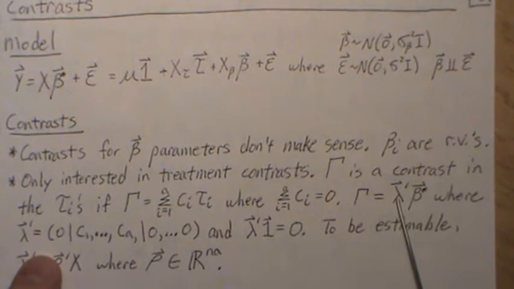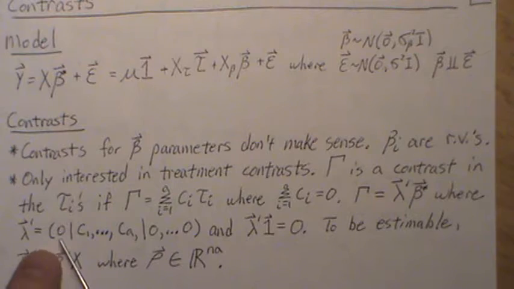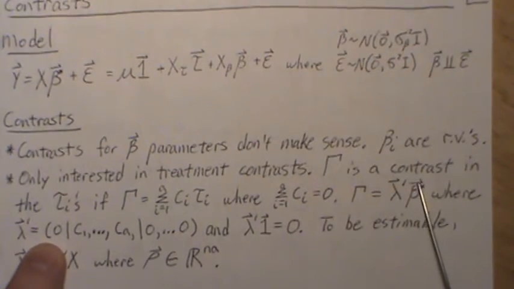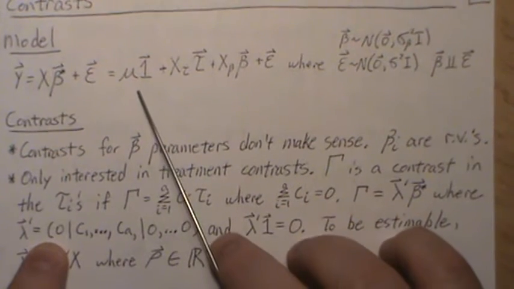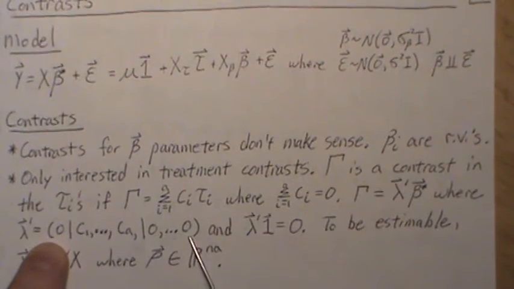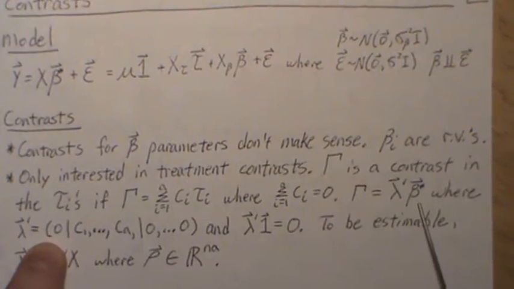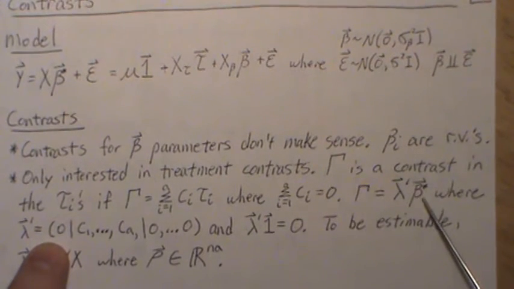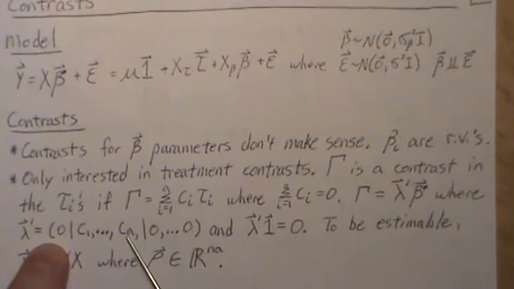So this lambda vector is going to have a 0 in the first component. That way when we do this multiplication, that mu parameter is not picked up. And then all these are 0, so the betas aren't picked up. And then c_1 through c_a is the linear combination of the taus. And these have to add to 0 to be a contrast.